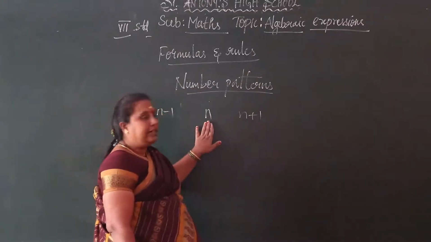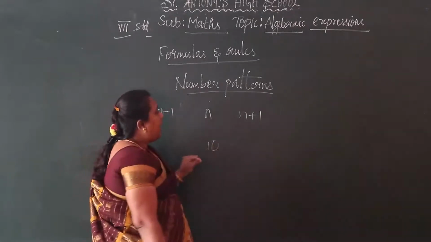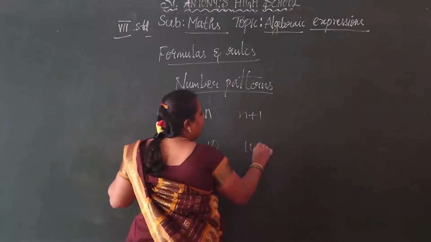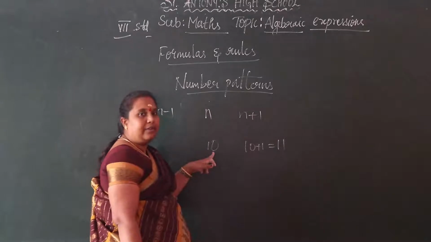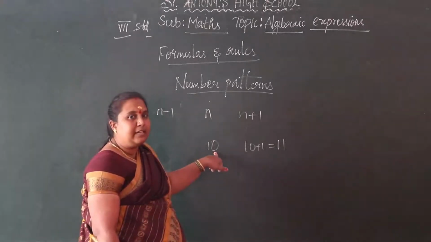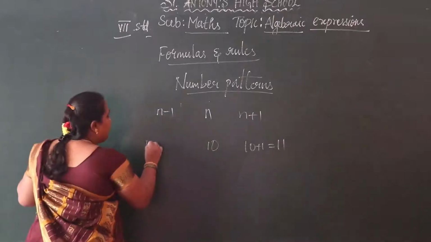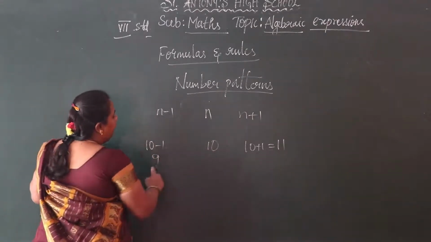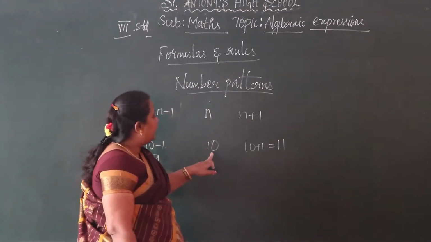If we take n equals 10 and add 1, 10 plus 1 is 11. So after 10 we have 11. The successor of 10 is 11. The predecessor of 10 is 10 minus 1, that is 9. Before 10 we have 9.